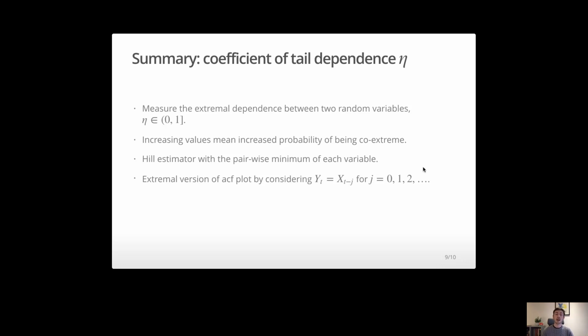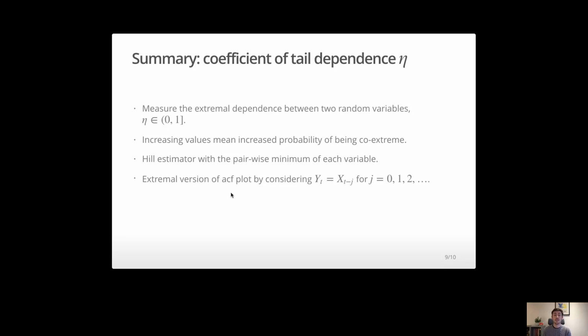And finally, a point that we haven't covered, but that I'd like to emphasize, is that in the same way that we construct an autocorrelation function for the correlation that we introduced earlier, we can do the same thing, but in an extremal setting using the coefficient of tail dependence. So for an ACF plot, we would typically construct the correlation between xt and its self-lagged at various increasing lags to see how dependence decreases at lags within a particular sequence.